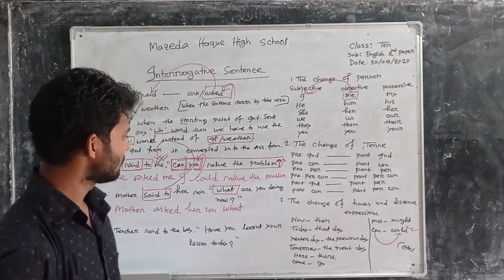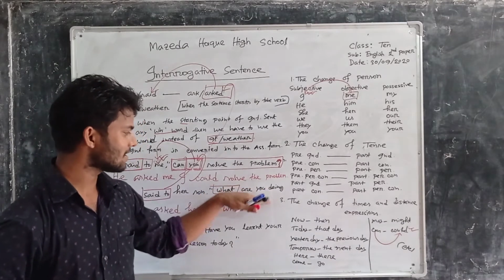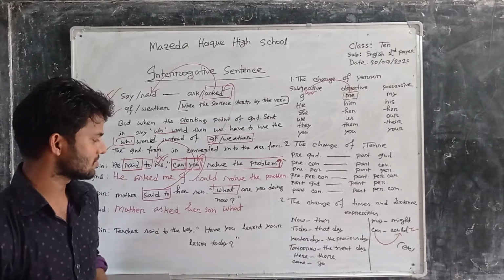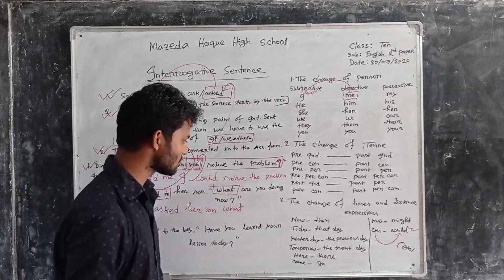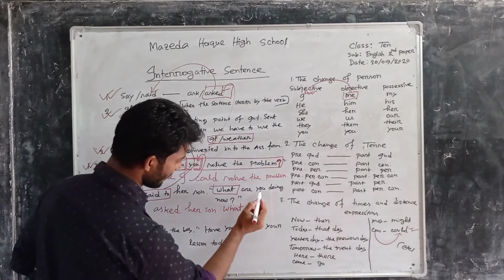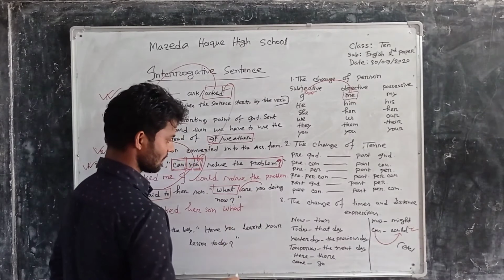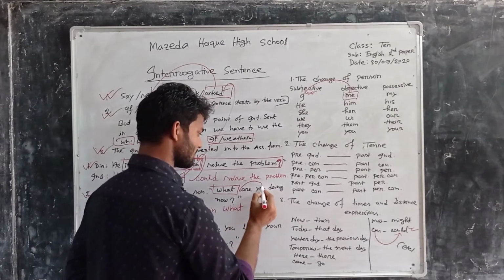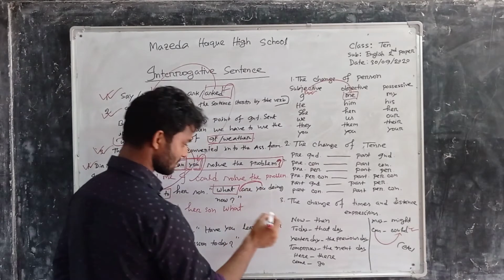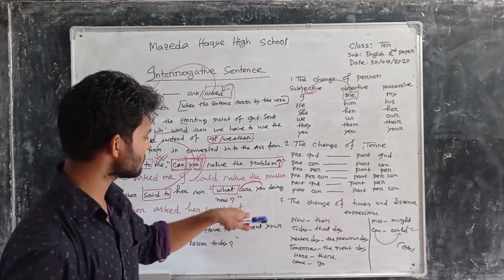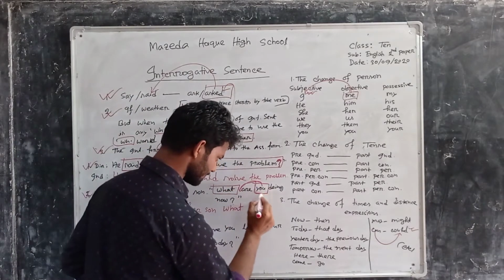Then we will make it the assertive sentence, and for making an assertive sentence we have to bring the subject in front of the to be verb. So at first we will set the subject after the WH word, and it is second person.